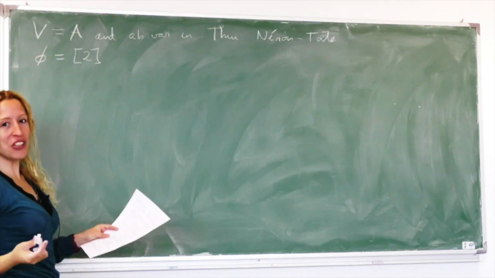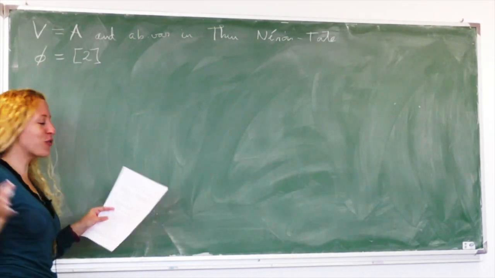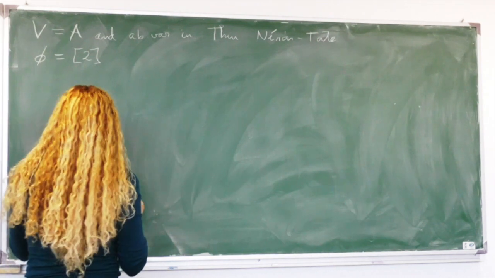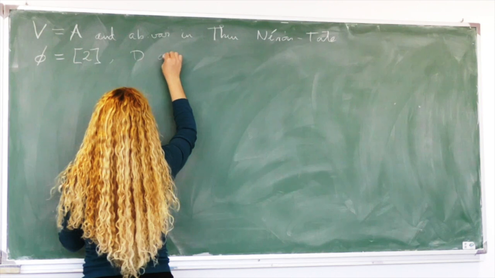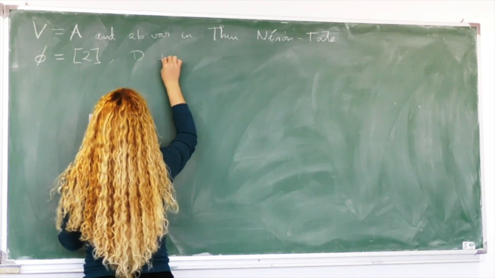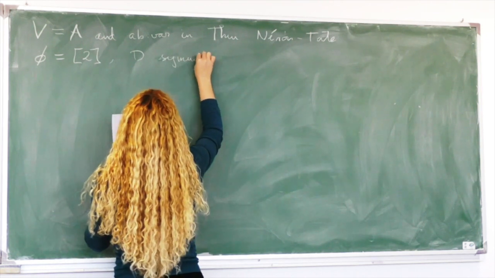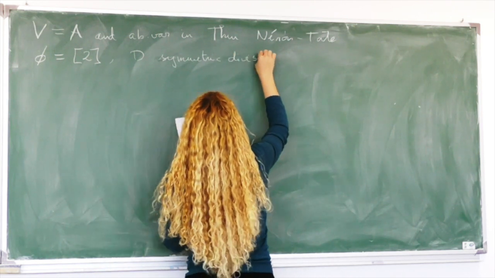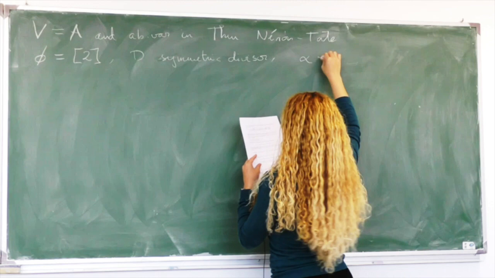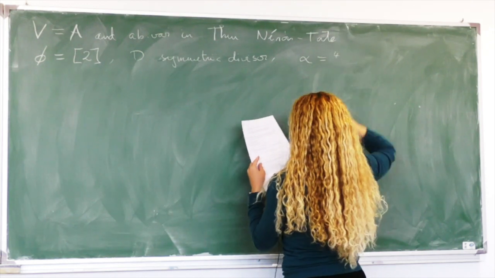This is a good thing about abelian varieties, that we know a lot of morphisms that we can play with. So I'm going to take any symmetric divisor. It doesn't matter. Symmetric divisor. And then alpha, I can just take it equal to 4. Okay?